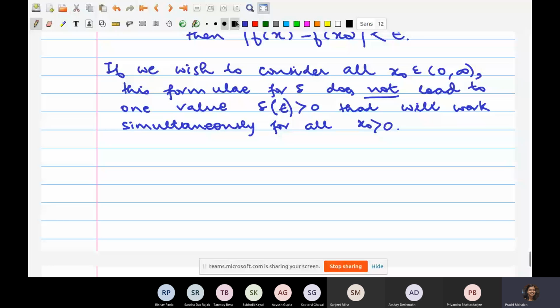So here's the definition. Suppose that f from X to Y is a function between two metric spaces X and Y.